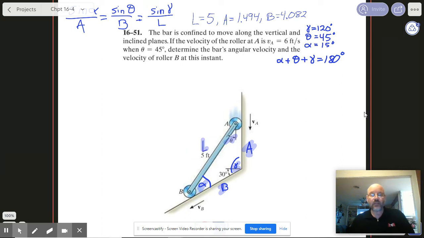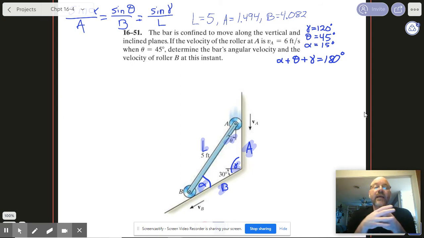Okay, just like that. So I was fishing around for how to proceed, and I went ahead and found, when theta is equal to 45 degrees, what is the value of A, what is the value of B, what is the value of alpha. So I've got those numbers up there.